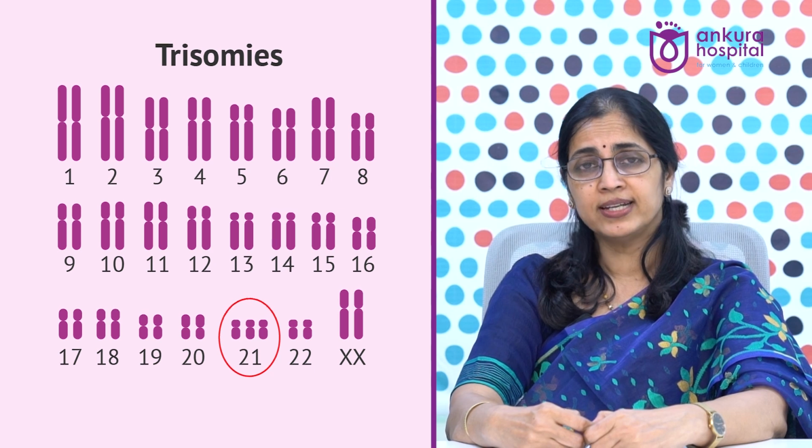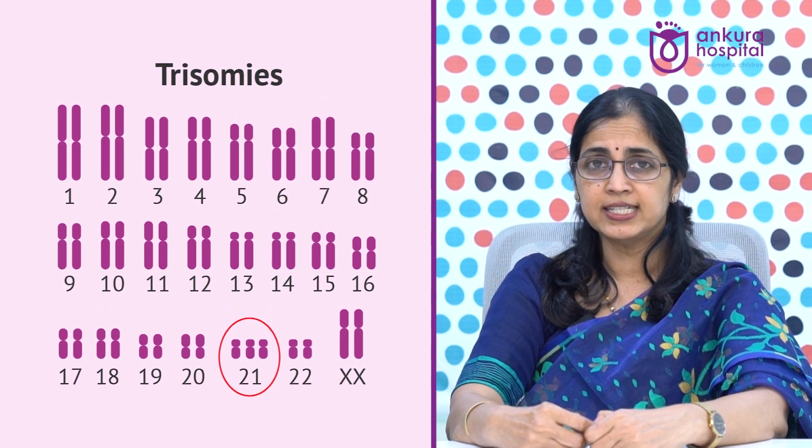The NT scan nowadays is a very important scan which we should not miss, because major anomalies can be detected, and also the screening for the major genetic problems or aneuploidies can be done by combining the NT scan with the biochemical markers, which is done in the form of a double marker test. This double marker test and the NT combined are able to tell if the patient is at risk for the major aneuploidies like trisomy 21, 18 and 13.